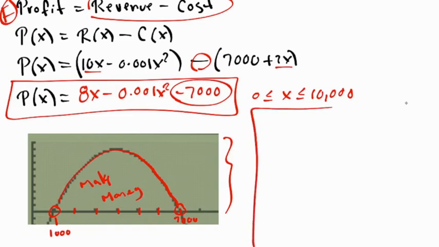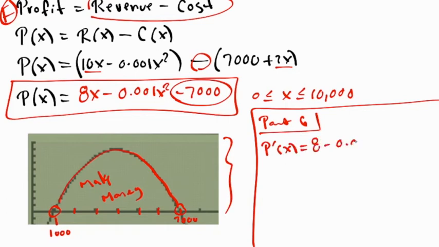Now, part G asks that we find the marginal profit, which is the derivative of profit. And we're going to get 8 minus 0.002x as the derivative. And then we're asked to calculate p prime of 1,000, which gives us 6.